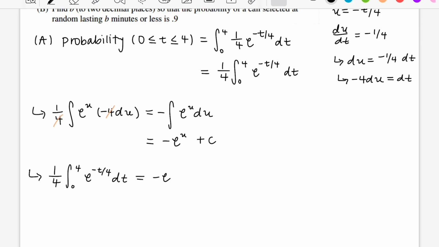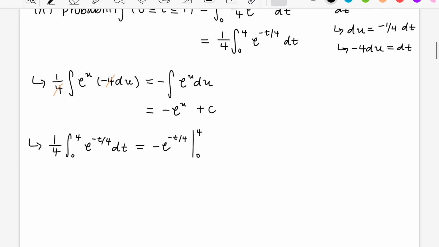We'll get negative e, plugging back our value in for u here, to the negative t over 4, evaluated at 0 and 4 here. Then we'll get minus e to the negative 4 over 4 minus negative e to the negative 0 over 4.